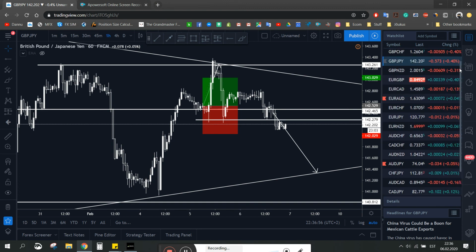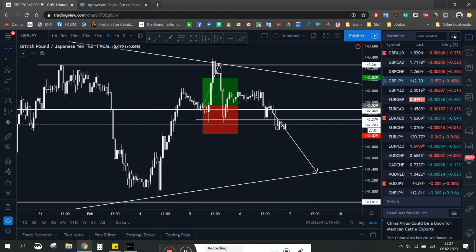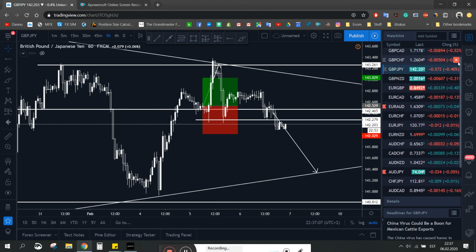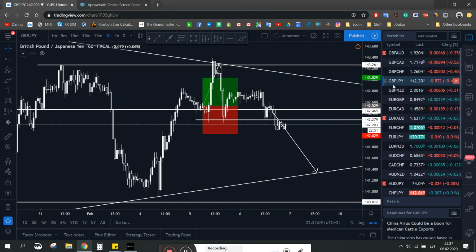When I arranged my pairs, after I'm done looking at the major pairs, these are the minor pairs. I put the GBP pairs on top because they are the most volatile, followed by the Euro pairs. So when I'm done analyzing the major pairs and I have time, I'll check the GBP pairs because they're the most volatile.